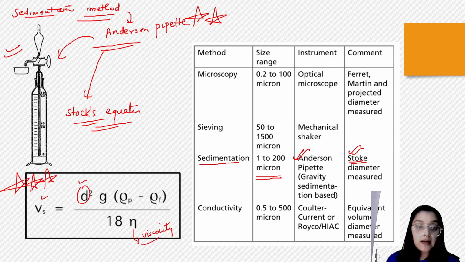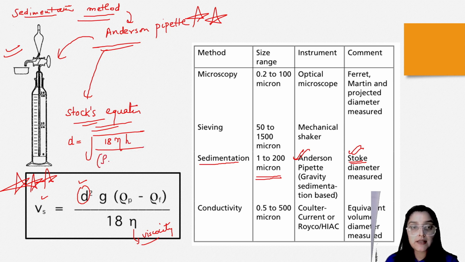So if I deduce this equation into the Stokes equation as the Stokes diameter, the equation will be, I'll write it here, 18 η h over (δs minus δ0) g t.